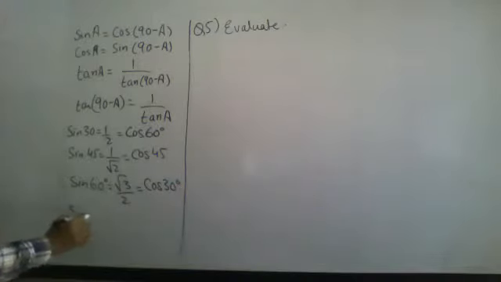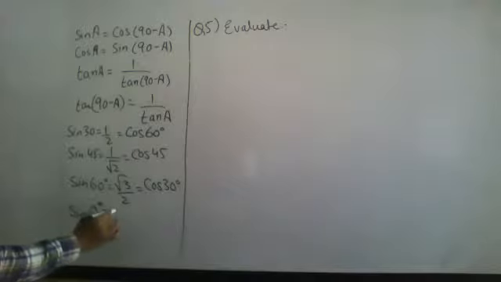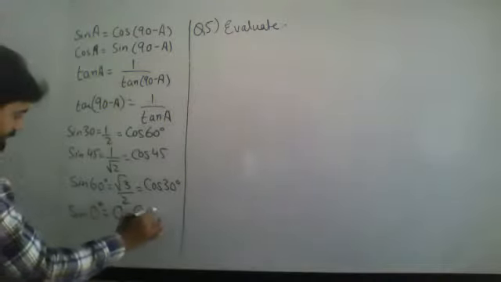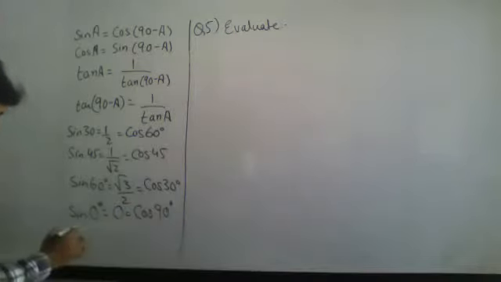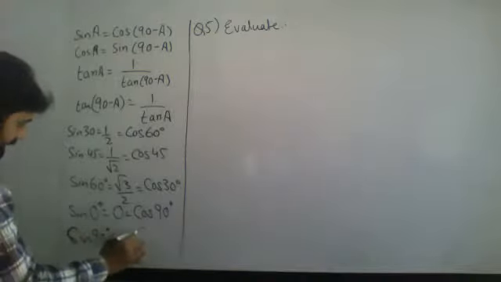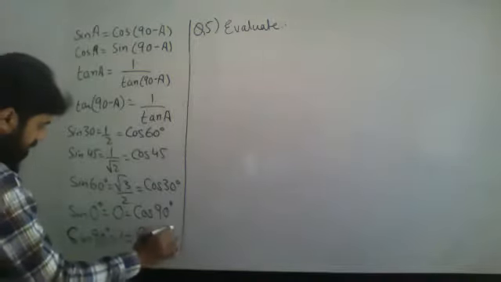Then sine 0 degree equals 0, that is equal to cos 90 degree, and sine 90 degree equals 1, that is cos 0 degree.